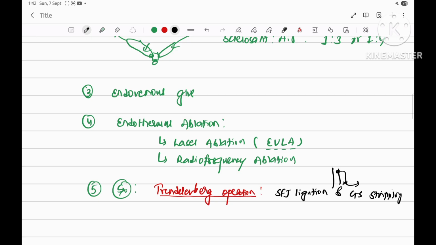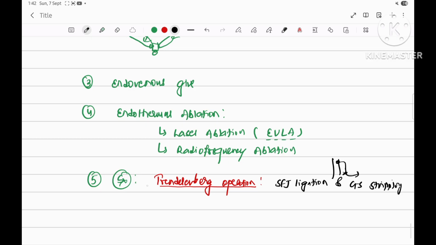Another method is the saphenopopliteal. This one is the saphenofemoral, and the second one is saphenopopliteal junction ligation.